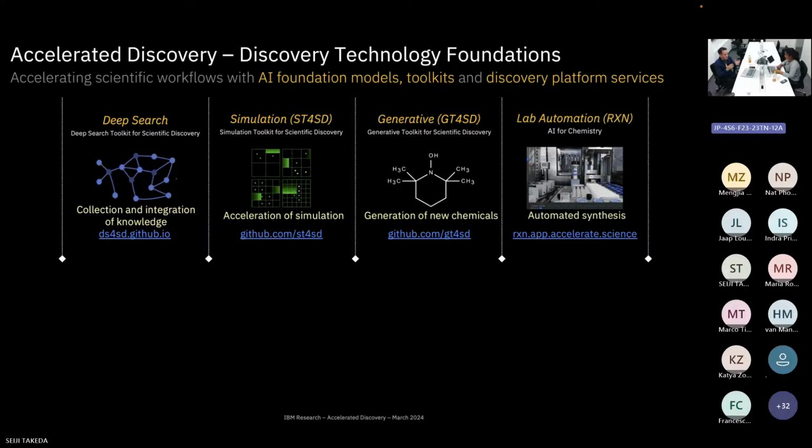And finally, we have a lab automation system which can automatically identify and predict the required chemical synthetic paths to synthesize some specific target molecule. So by repeating this cycle, collecting data and carrying out simulation, training our generative AI to design new material structures and testing them on the robotic lab, we expect to accelerate the speed of material discovery.